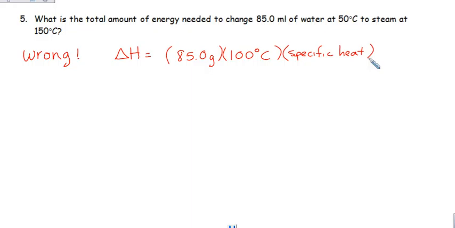So with water, be careful of the temperature range. If you're going through 0 or 100 degrees, you have to add in the amount of energy required to change the phase. Super common mistake.